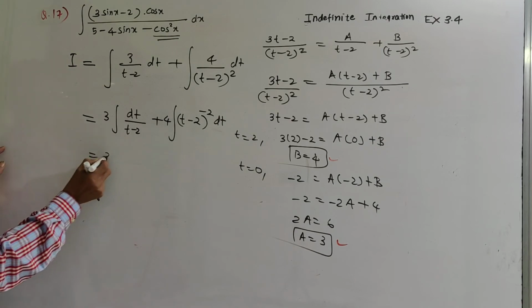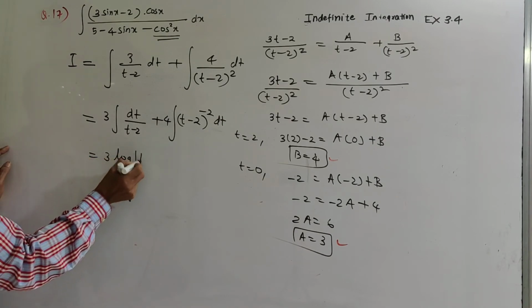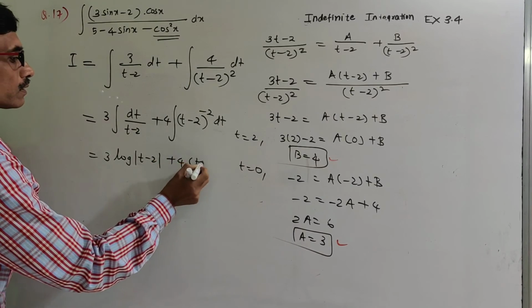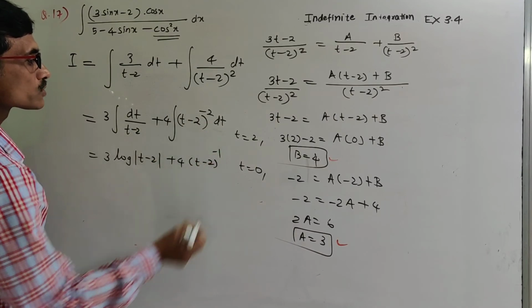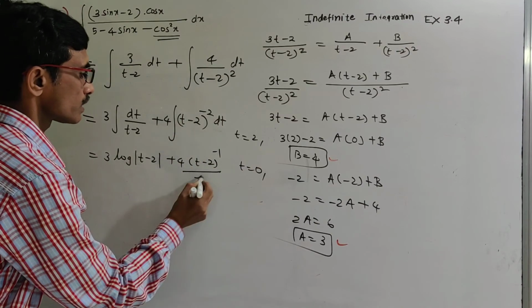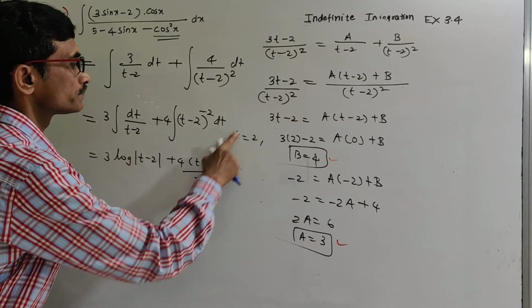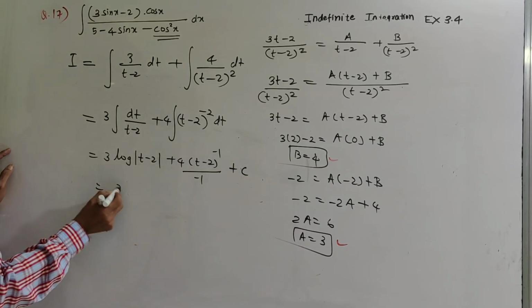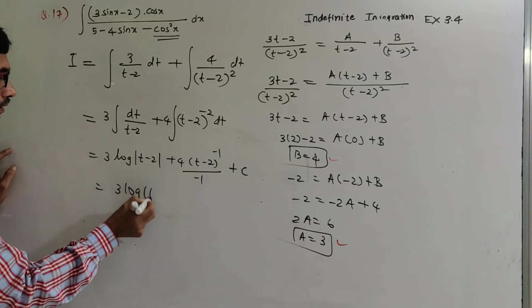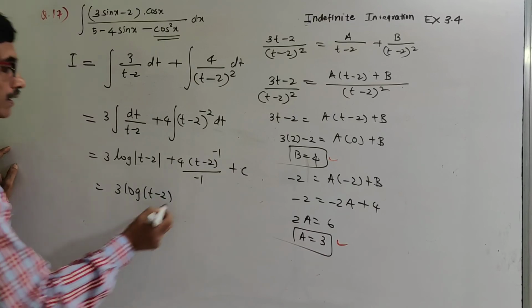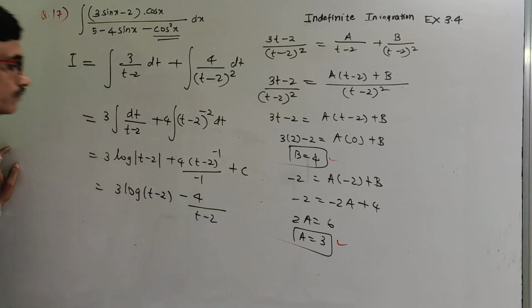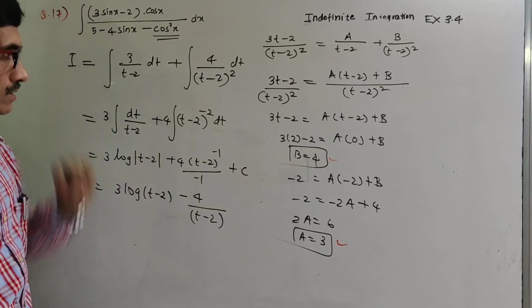This is 3 log of t minus 2 plus 4 t minus 2 raised to power minus 1, n plus 1 upon n plus 1, plus c, which is 3 log t minus 2 minus 4 upon t minus 2, and now t is equal to sin x.